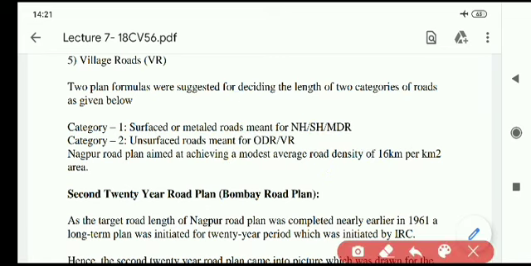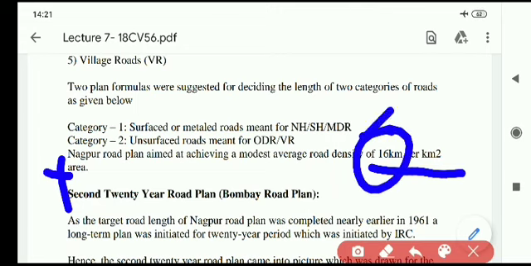One of the major features of this plan is that, under the Nagpur plan, the density of the road was 16 kilometer per 100 square kilometer. For every 100 square kilometer, there should be 16 kilometer of road network. So this is the road density standard for the Nagpur road development plan.